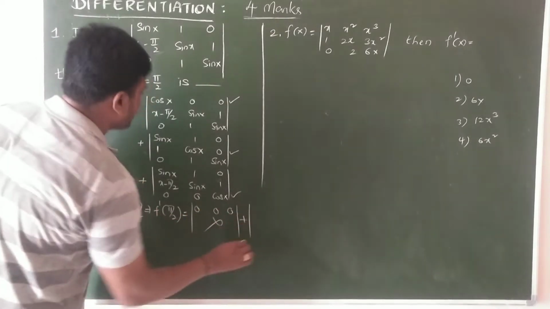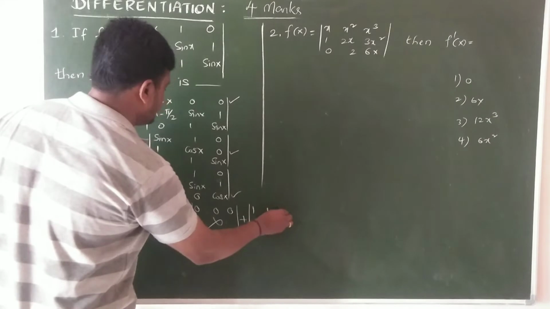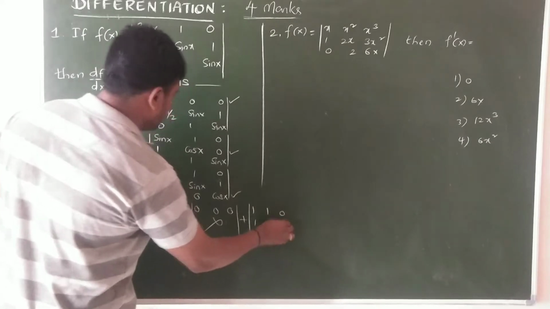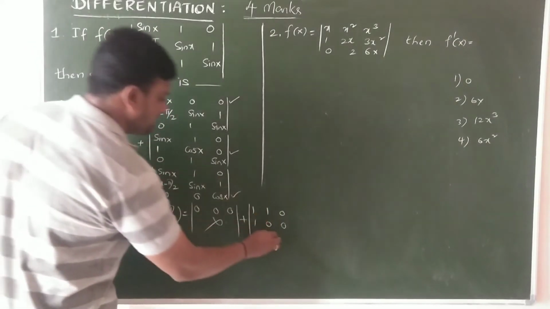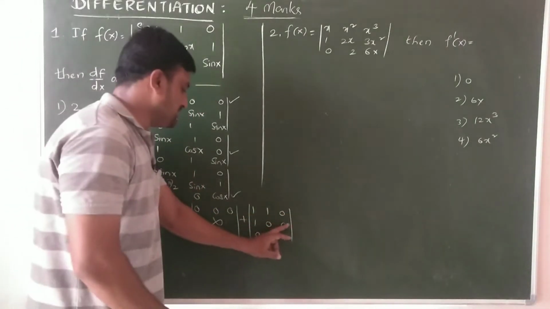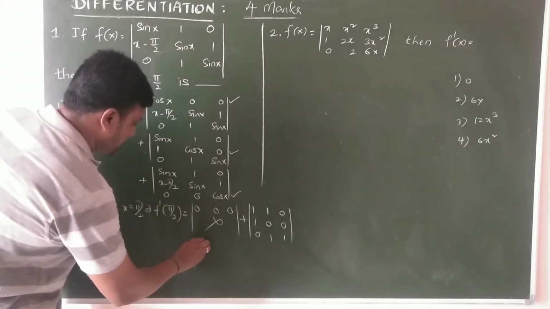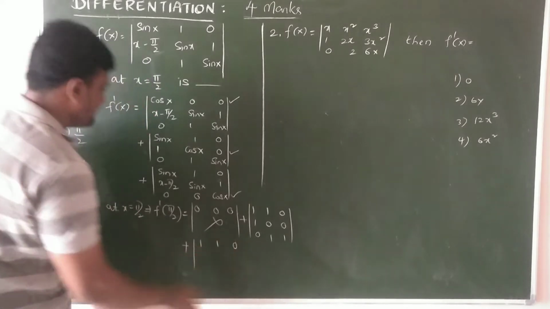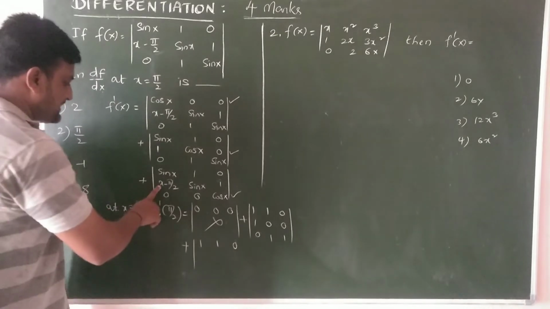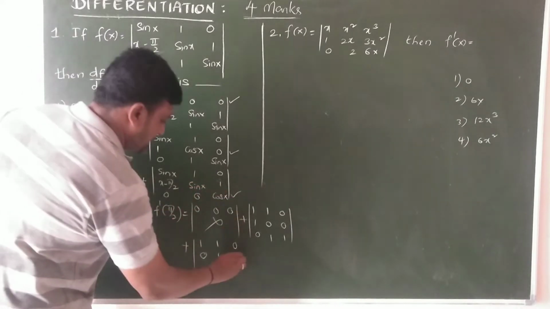Next, sin pi by 2 is 1, it is already 1, 0. Then 1 and 0, cos pi by 2 is 0, 0, and 0 and 1, sin pi by 2 is 1. So 1, 1, 0; 1, 0, 0; 0, 1, 1. Next, similarly sin pi by 2 is 1, also 1, 0. Then 1, 1, 0. Now x equals pi by 2 gives 0, sin pi by 2 is 1, and it is already 1.